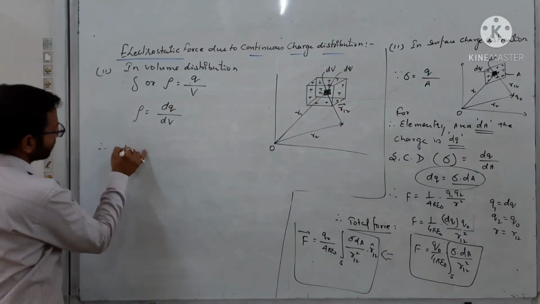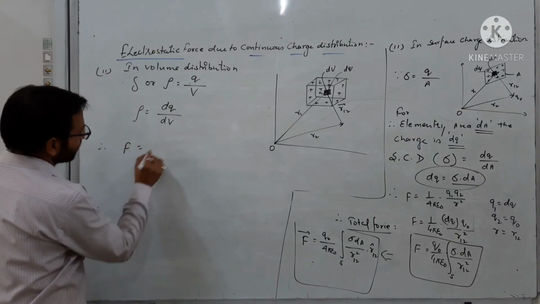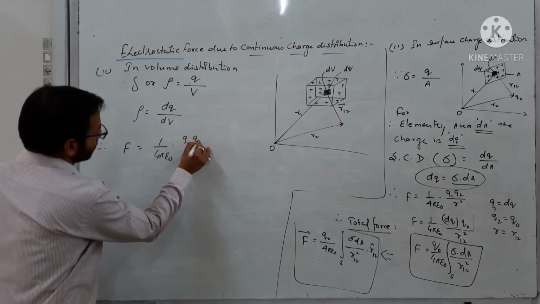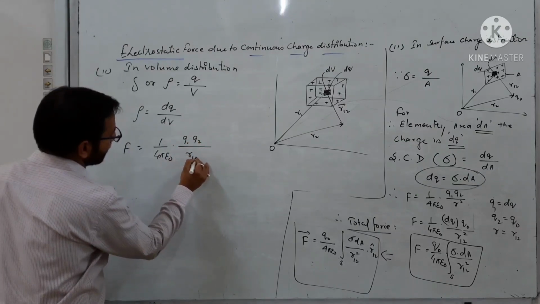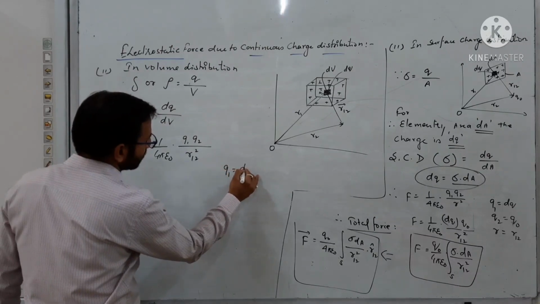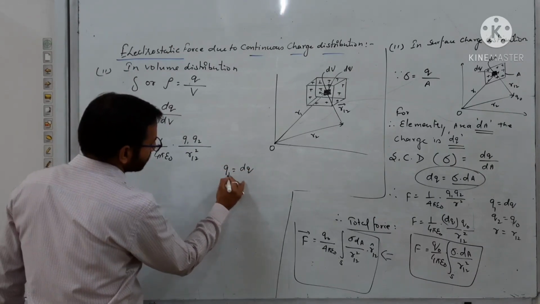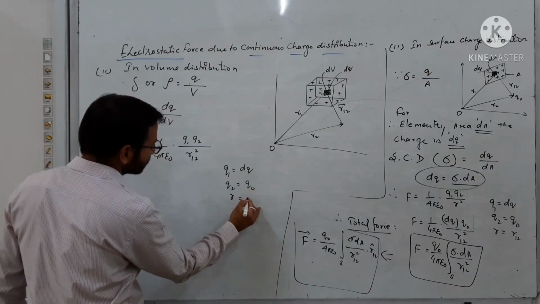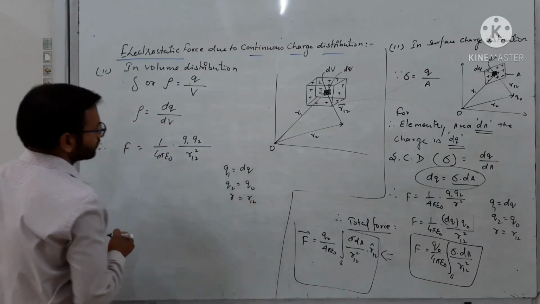So now the electrostatic force which we are thinking about is equal to 1 over 4 pi epsilon naught Q1 Q2 over R12 square. But here Q1 is equal to dq, Q2 is equal to Q naught, and R is equal to R12.